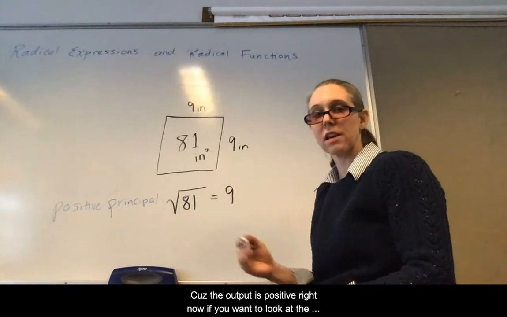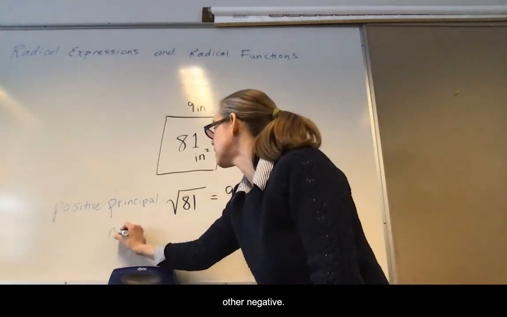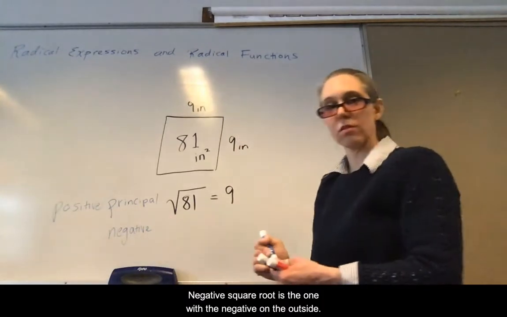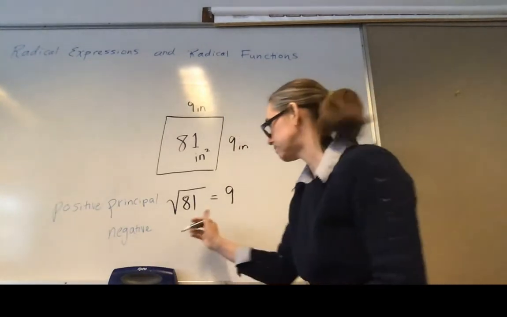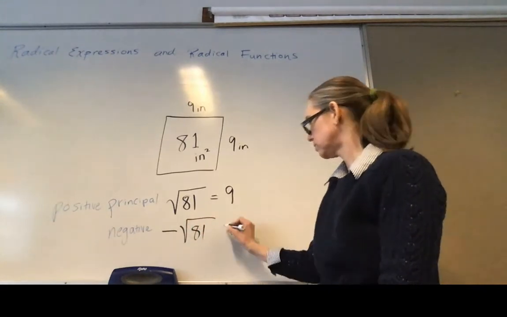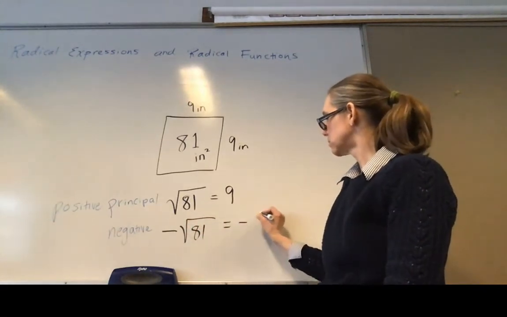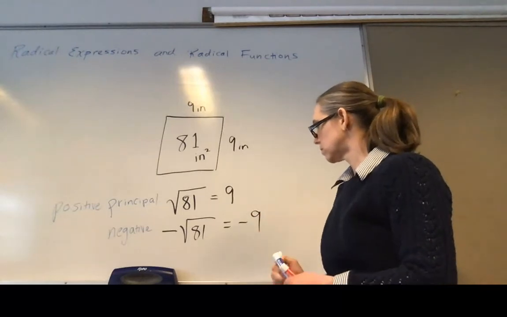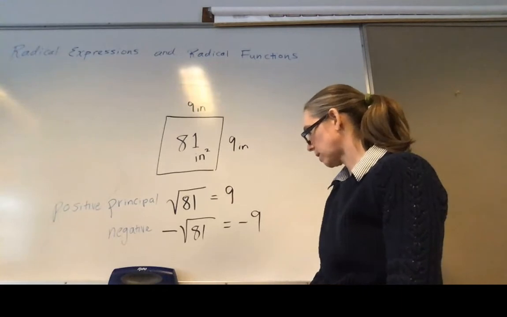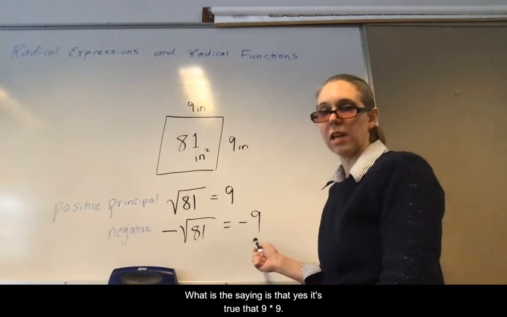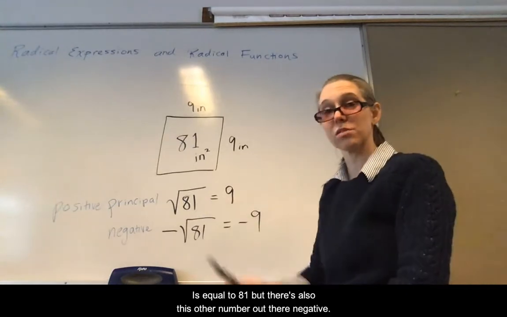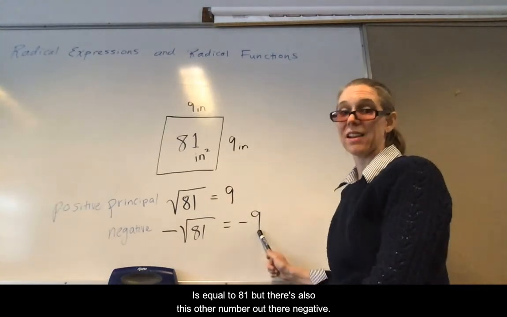Now, if you want to look at the other square root, the negative square root, the negative square root is the one with the negative on the outside. So what this is saying is that, yes, it's true that 9 times 9 is equal to 81, but there's also this other number out there, negative 9.